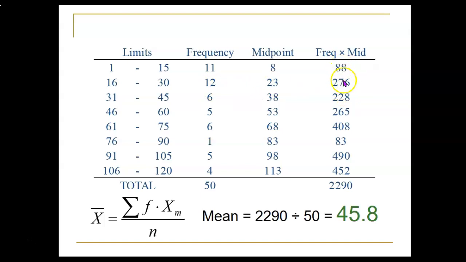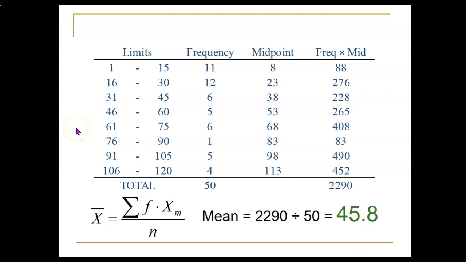Then when we add together the frequency times midpoint column, that adds up to 2,290. The frequencies themselves add up to 50. And maybe you remember this was based on a set of 50 numbers, 50 data values. So then to calculate the mean, we take that 2,290 divided by 50, and it comes out to be 45.8.